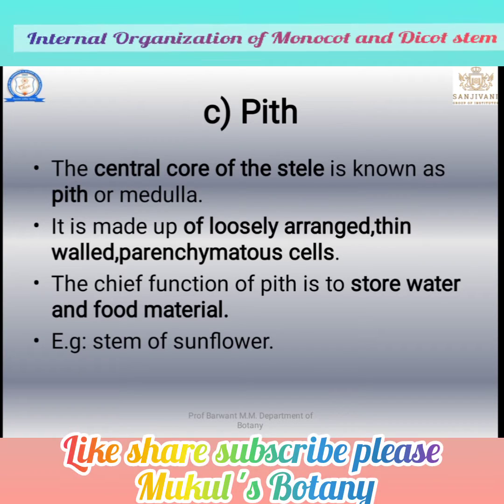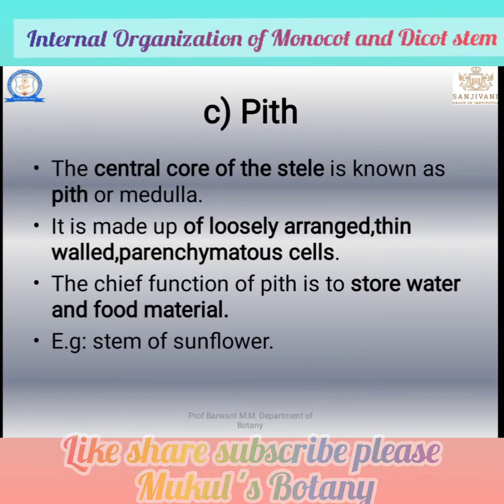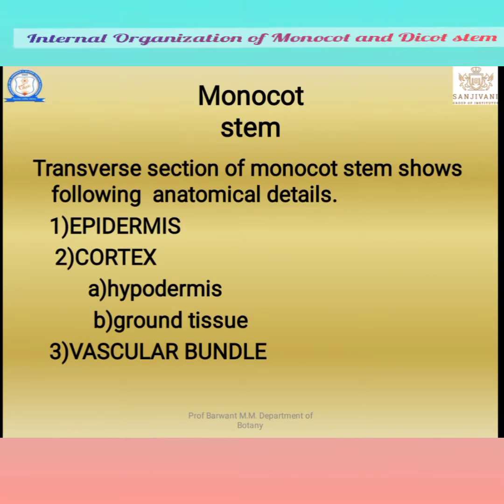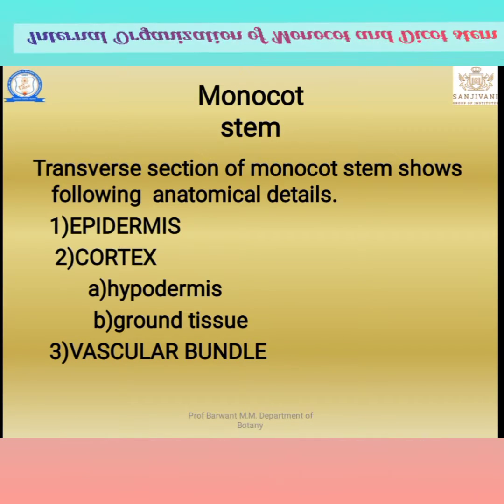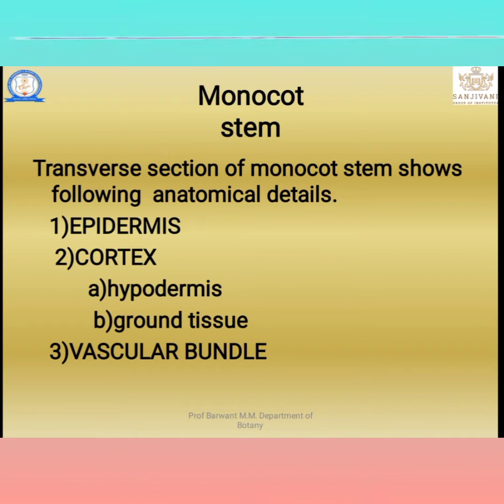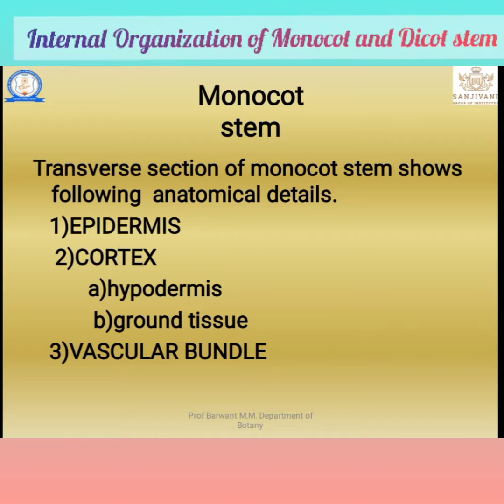That is the overall structure of the internal organization of a dicot stem. I hope you have understood the overall characteristics. Let's see the monocot stem. I have explained many times. The parts are the same, only the arrangement and characteristics are different.